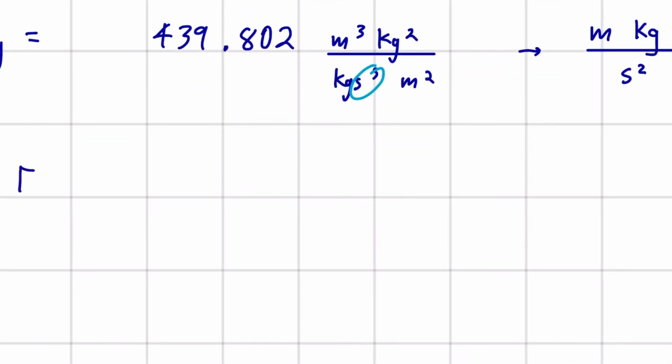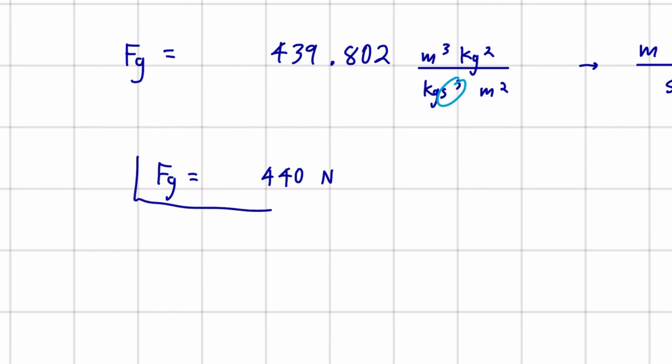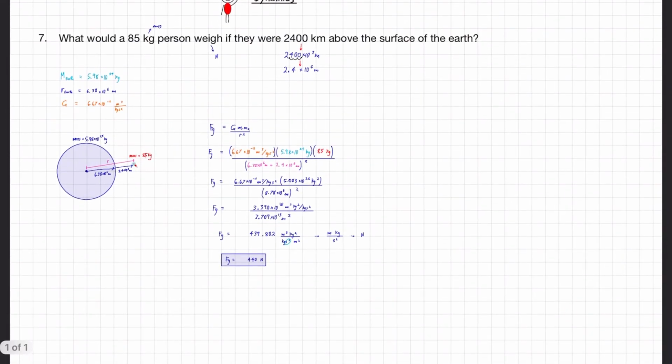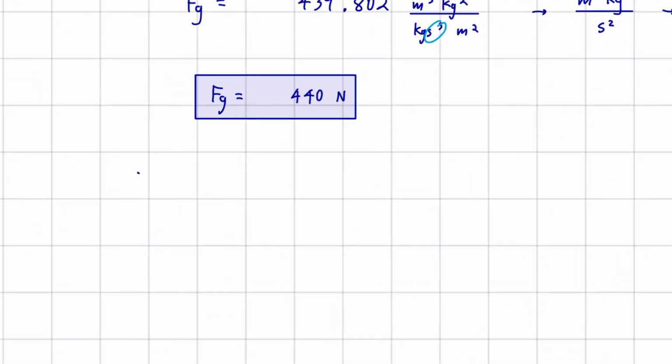So when we rewrite this out, I'm going to round this to just 3 significant digits. So 440 newtons. So Fg is 440 newtons. So we're just about done here. I want to write out a closing statement.